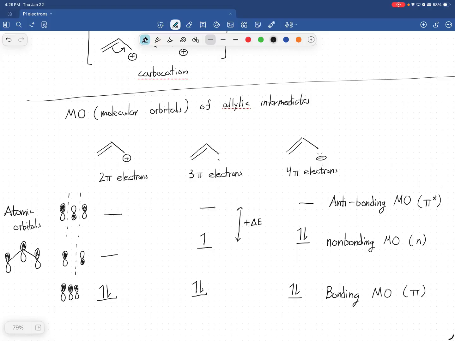If anything occupies anti-bonding, that molecule is not stable, so it has some instability associated with it, and we'll see that when we talk about benzene in more detail, probably not this chapter, but in the next chapter after this.